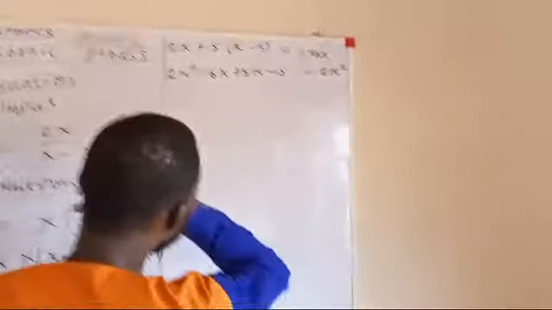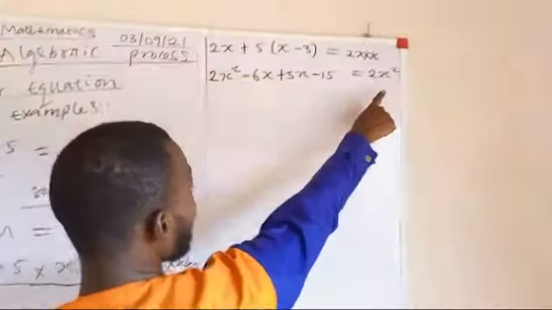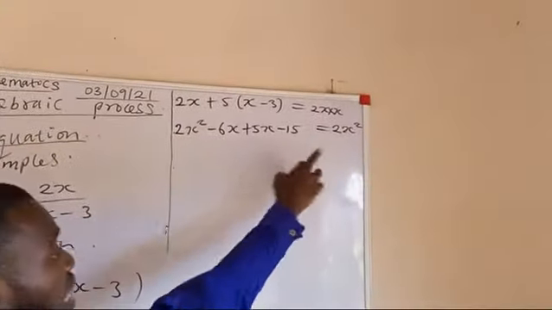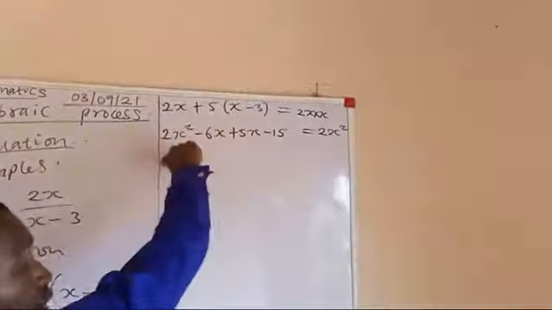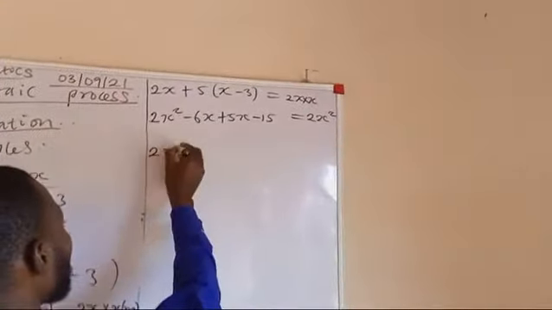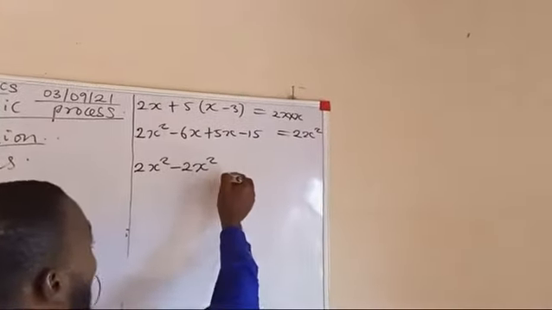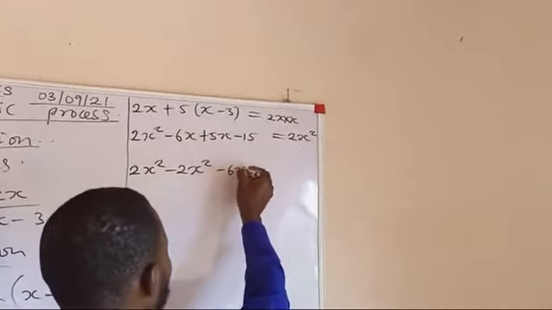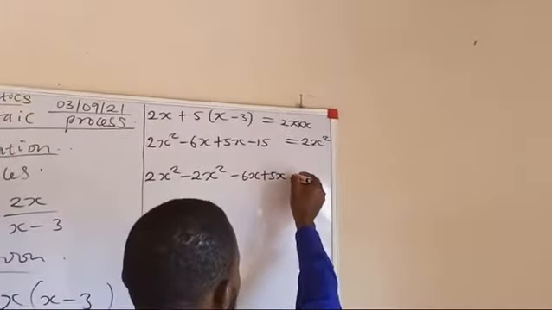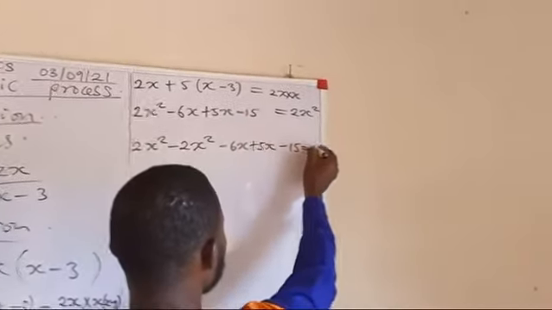So at this point now, 2x squared is here, and this one is here. That means if you are collecting like terms, this one will cross over to the left-hand side. And remember, it's plus here. Once it crosses here, you change to minus. We'll now be having 2x squared minus 2x squared, we have minus 6x plus 5x minus 15 is equal to 0.